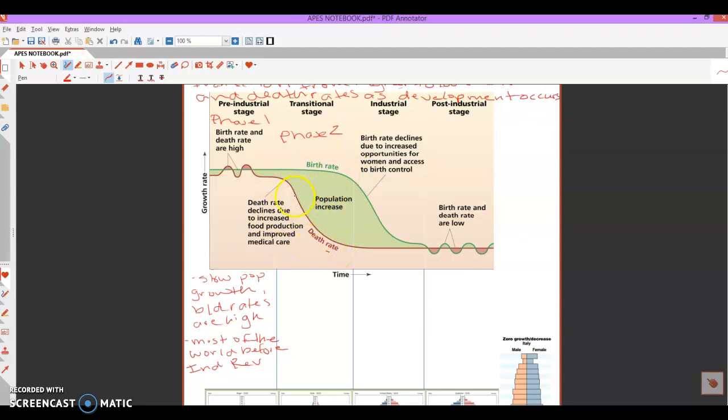Okay? So the death rate has dropped drastically. And why? Because we have increases in, or betterment in, food production and medical care. So people are living longer and babies are staying alive.